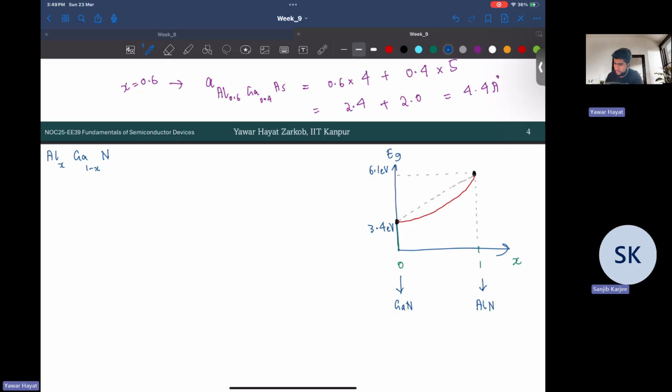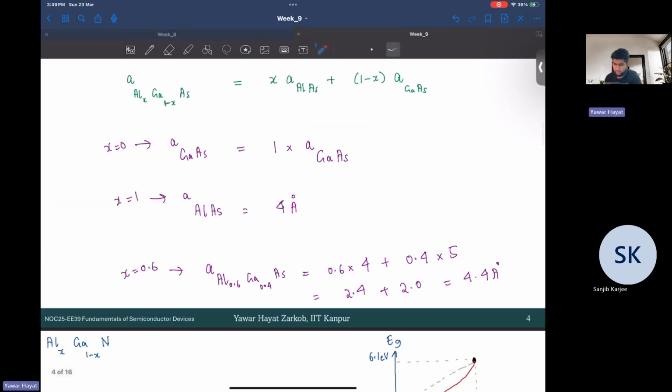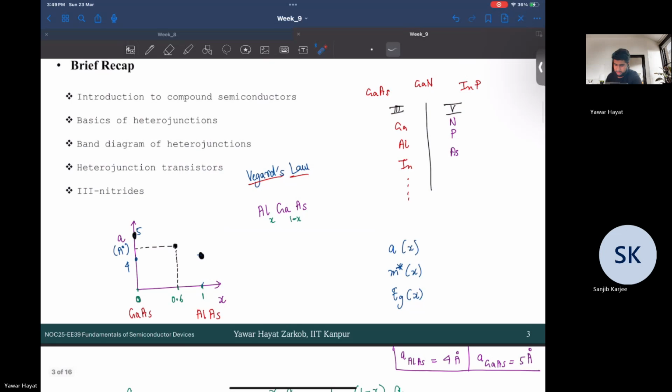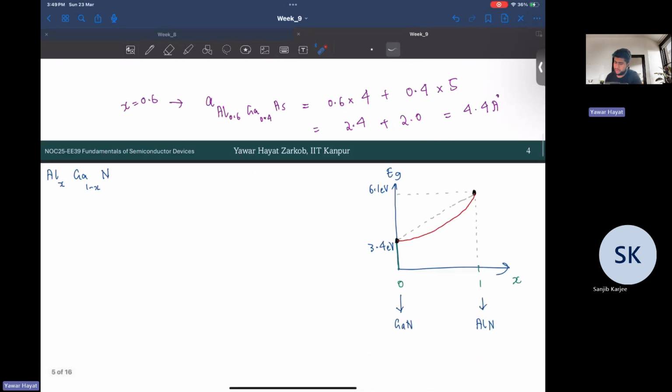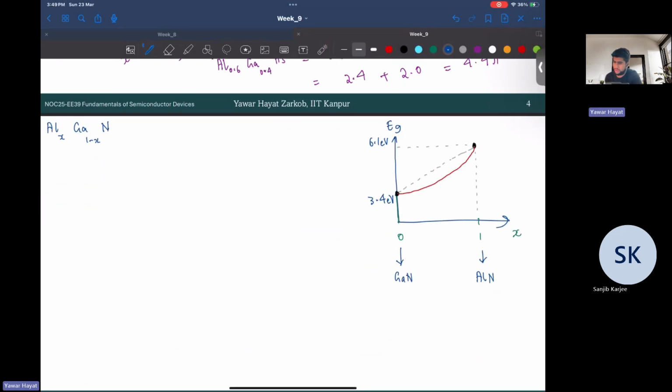So this is your trend as per this law. But it turns out that there is some bowing. So this is a non-linear increase, not a linear increase. The slope here is not the same as the slope here.